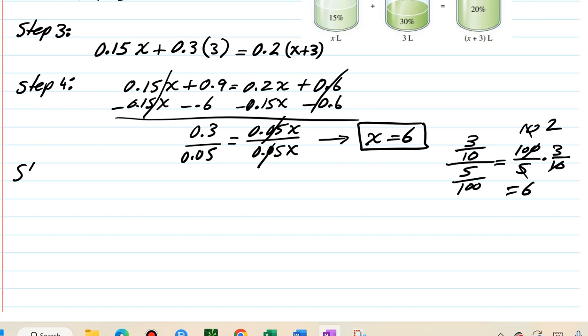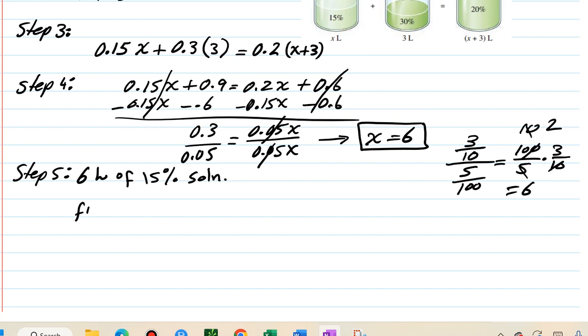Now that we have solved, we can answer the question they asked. So here's the answer. We need 6 liters of 15% solution. That's what should be mixed with the 3 liters.